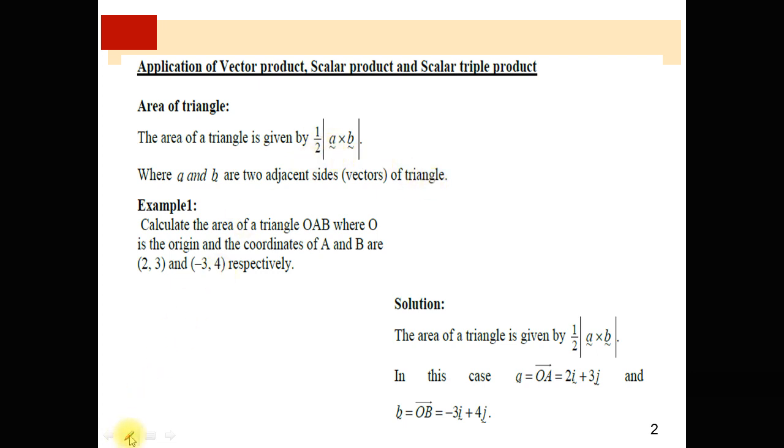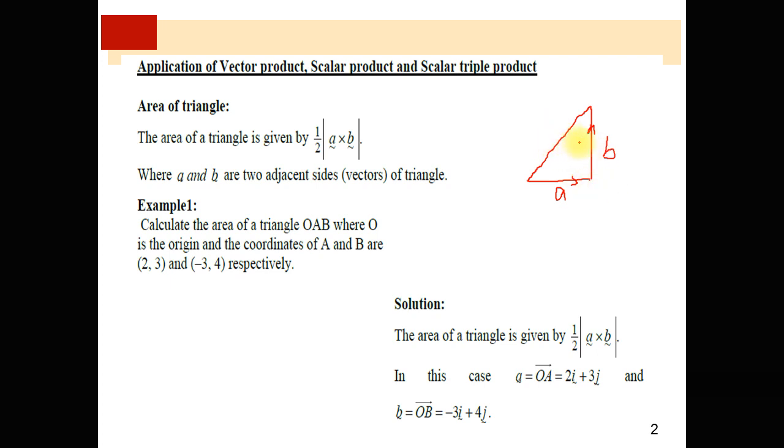Suppose we have a triangle. You see over here, I want to tell you about the cross product application. Suppose this is a triangle A, B and C. Suppose this is vector A, and this is vector B. So these two vectors are adjacent vectors, and this is vector C, suppose.